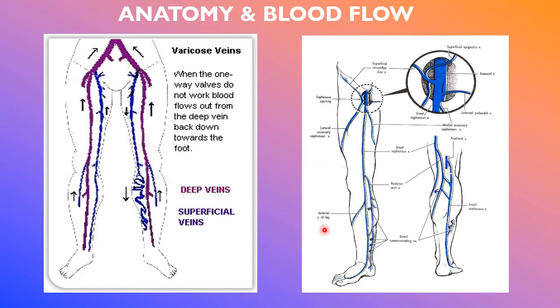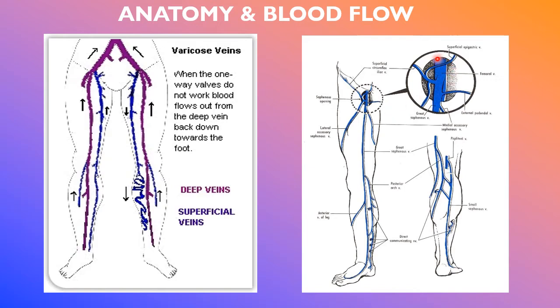This diagram shows you the superficial system, which consists of a long saphenous vein and a short saphenous vein. Okay, two superficial systems which have perforators connecting the superficial veins to the deep veins in the lower end of the leg, below the knee, and in the middle, lower part of the thigh.